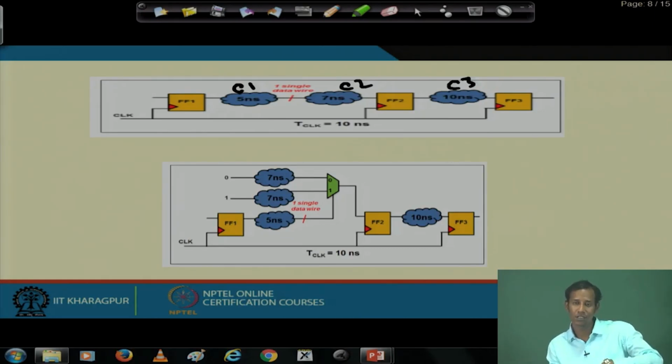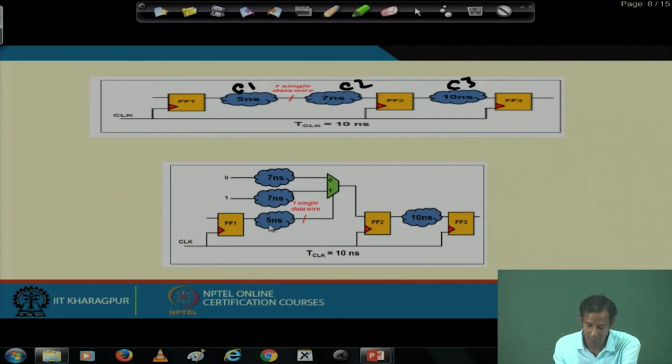So, parallel with C1 I am doing the computation in C2, and based on these multiplexers, I can select which path to take, whether the computation considering 0, or the one considering 1.